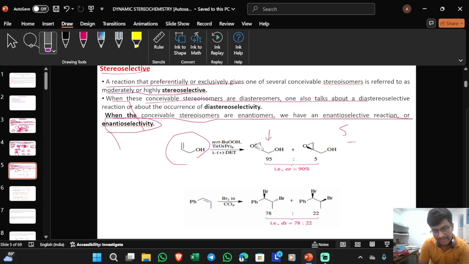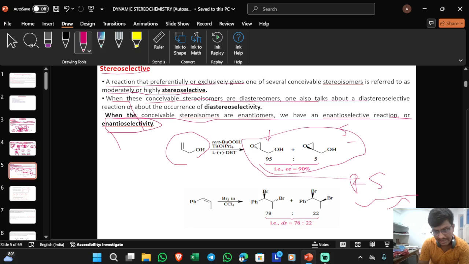A compound rotated does not give B compound. These are enantiomers: R and S.